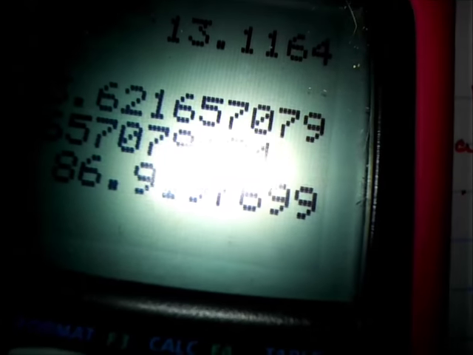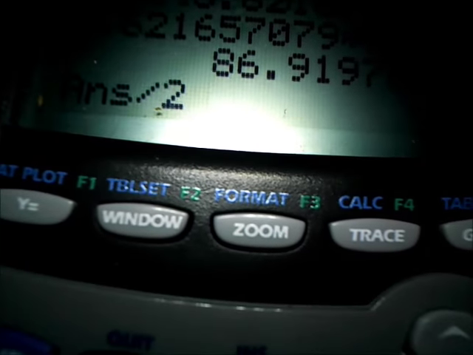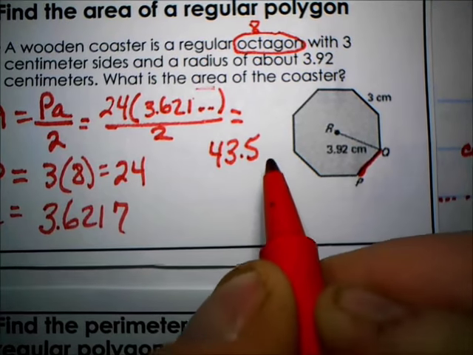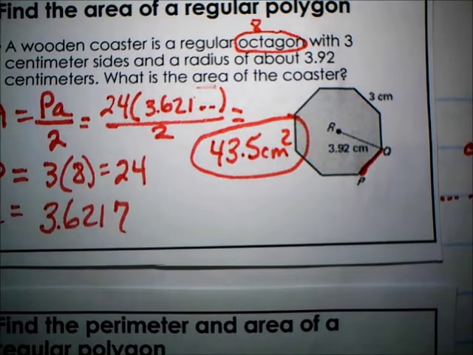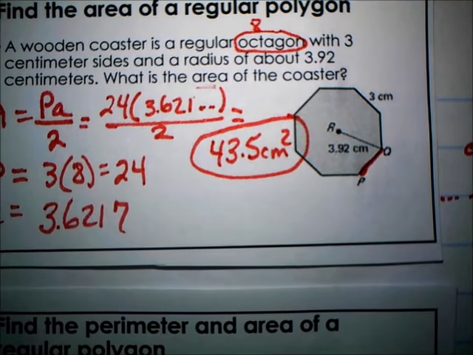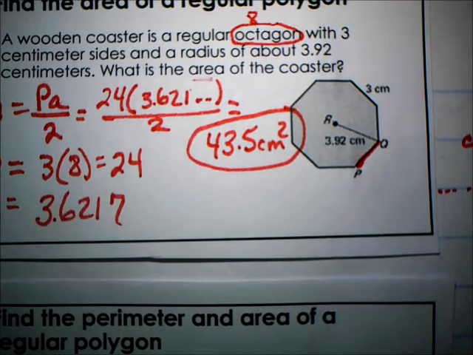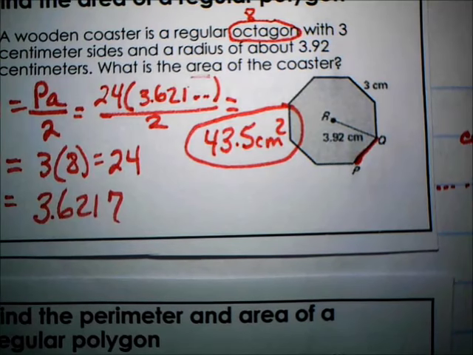So my calculator, I'm going to hit divide by 2, and I end up with 43.5 centimeters squared is the area of my coaster. Make sure you use all of the digits in your calculator and don't just use your rounded answers when you come out into your problem. Be careful of that.